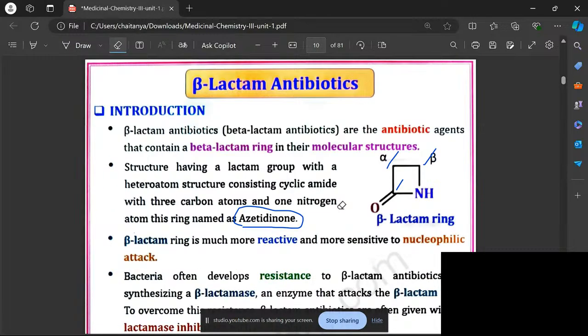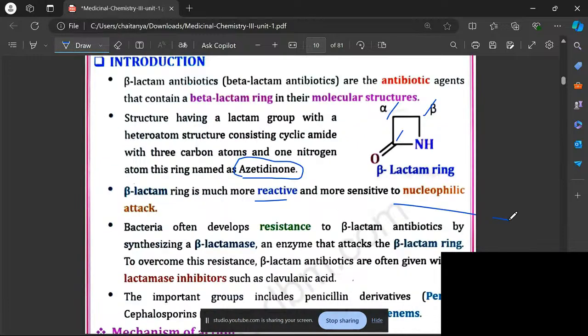Now let us see why this beta lactam ring is more reactive and more sensitive to nucleophilic attack, especially at the oxygen and nitrogen atoms.